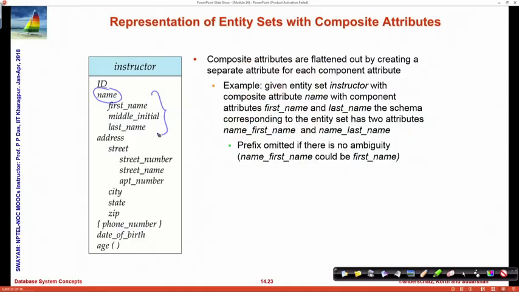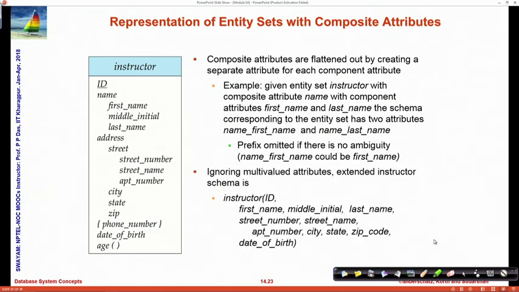Now, after I do the prefixing, I might figure out that actually prefixing is not required, first name itself is unique because it does not occur anywhere else. If so, I may drop the prefix, but in general I can take the attribute name, prefix on the component and just flatten them out, make them all separate attributes. So, here when we flatten out, we will have first name, middle initial, last name.